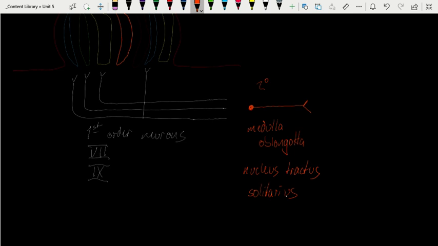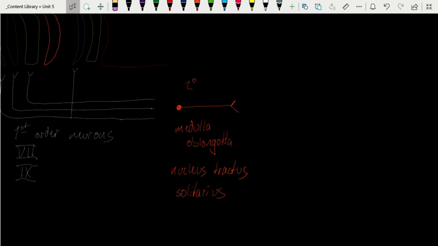Now, where do you think we're headed next? Remember, except for smell, all sensory is going to be shunted into and processed by the thalamus. And so that's where we are here in our tertiary order neurons. This is in the thalamus.